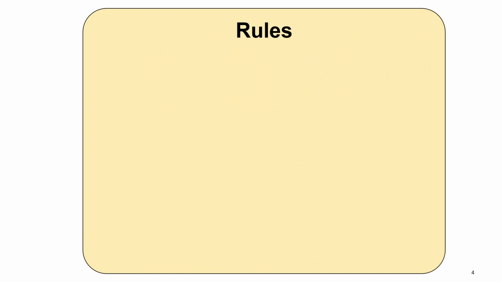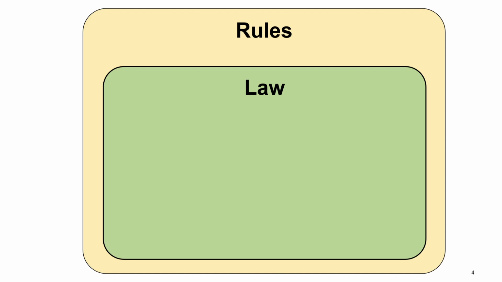Now, let's back up a little bit. Let's first mention rules. We are all familiar with rules. We got rules all around us coming from different places, our school, our work, and from the government. Rules from the government, that's what I think of as law. And then cyber law fits within that.